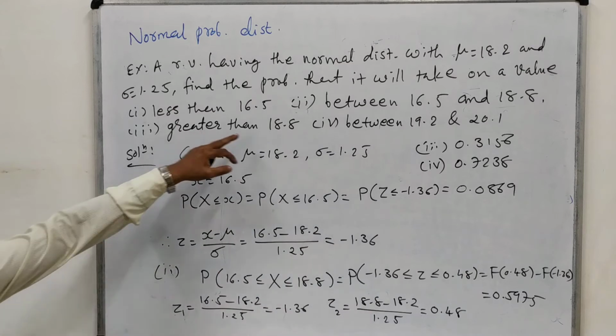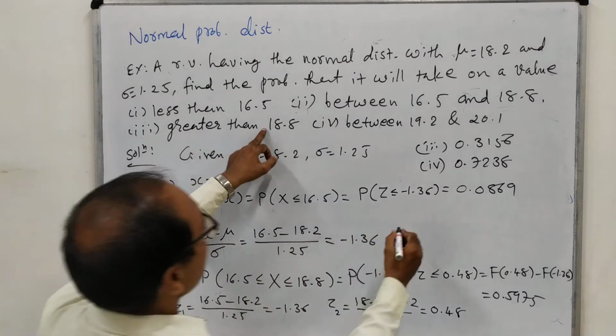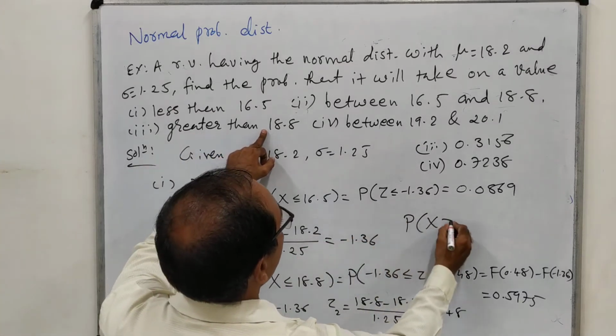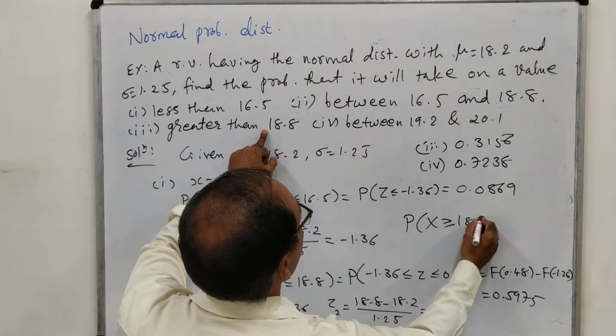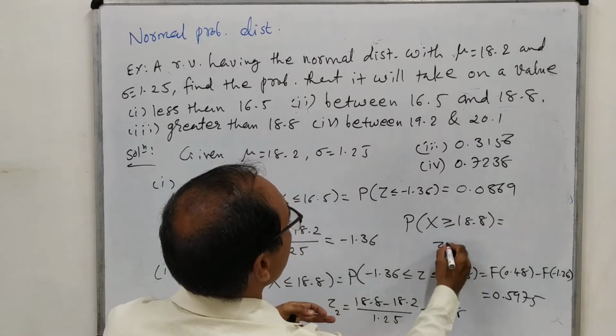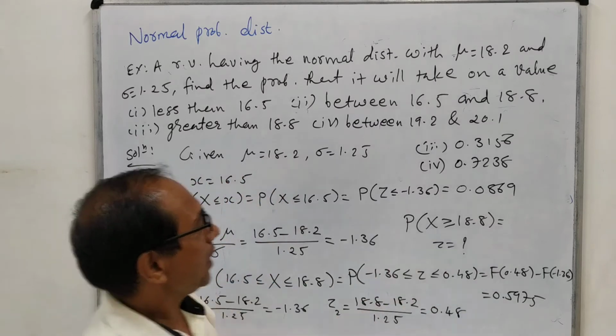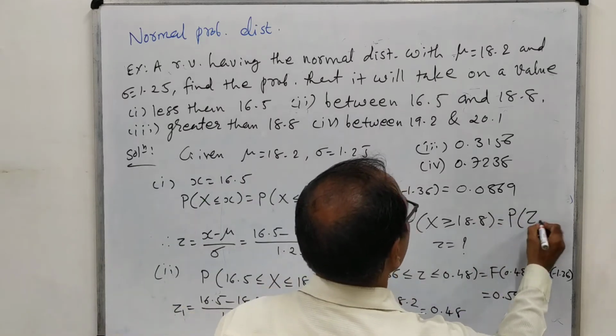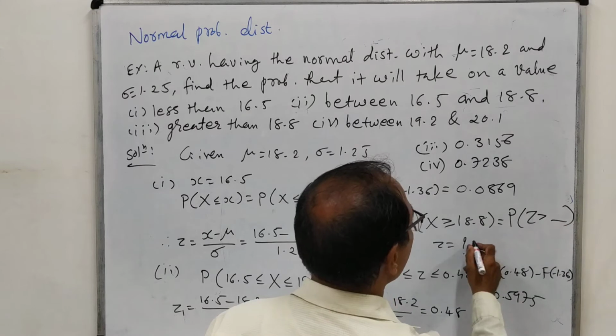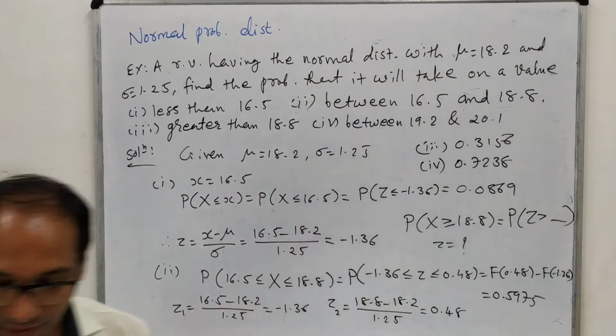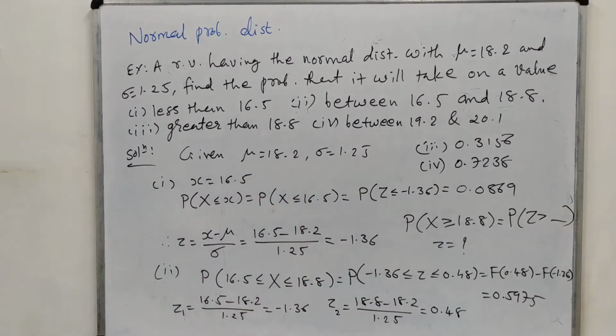This is for greater than 18.8. Just as a hint, find the corresponding value of z and write z greater than or equal to the value obtained here. You can find this one.